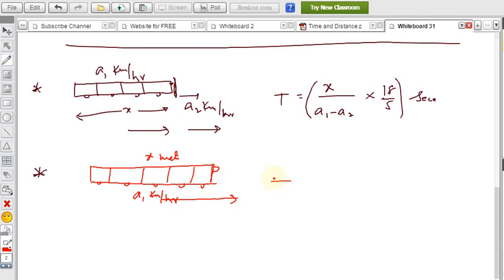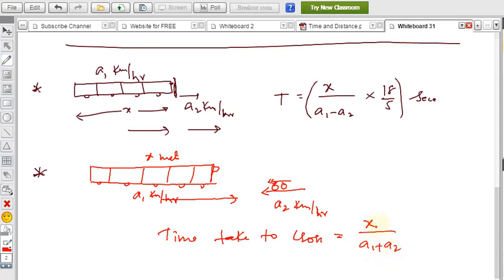So one more. Some vehicle is coming in the opposite direction at a2 kilometers per hour. The time taken to cross the vehicle is x by a1 plus a2, into 18 by 5.